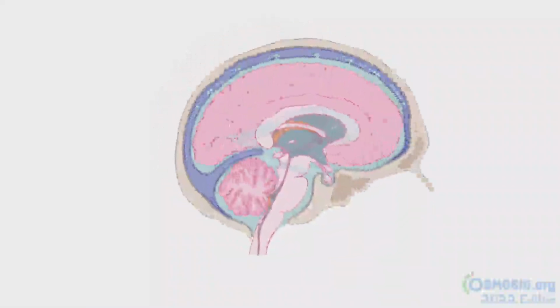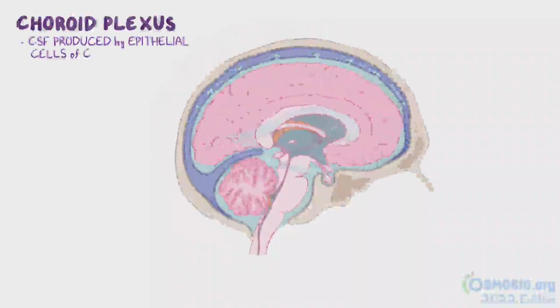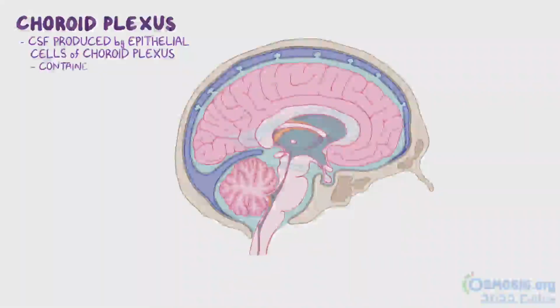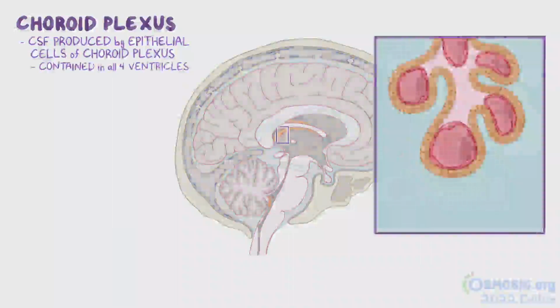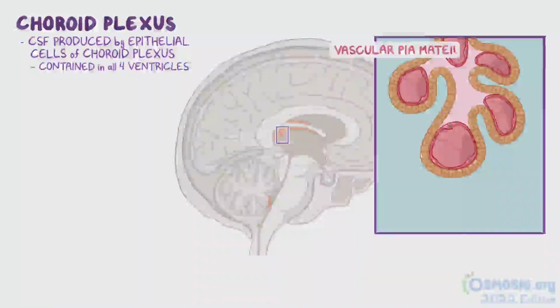Next, let's go over the choroid plexus. Now, CSF is produced by the epithelial cells of the choroid plexus, contained in all four ventricles. The choroid plexus is a cauliflower-like structure that consists of many fringes and folds of vascular pia mater that protrude into the ventricles. And surrounding the pia mater, there are cuboidal epithelial cells.